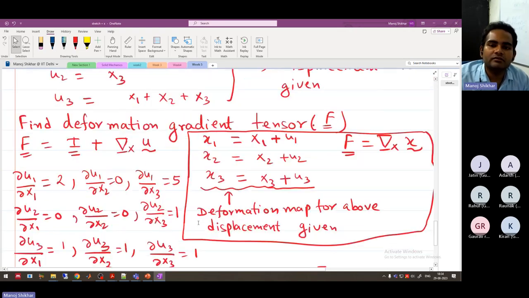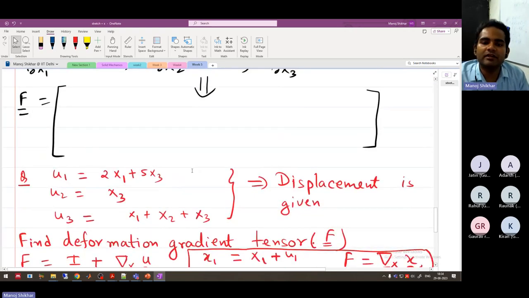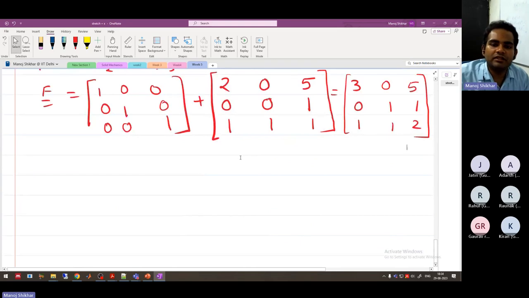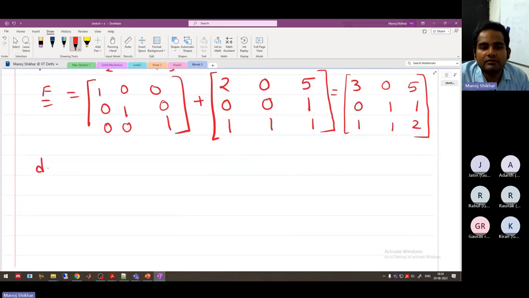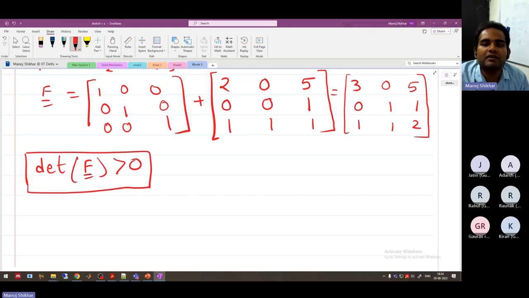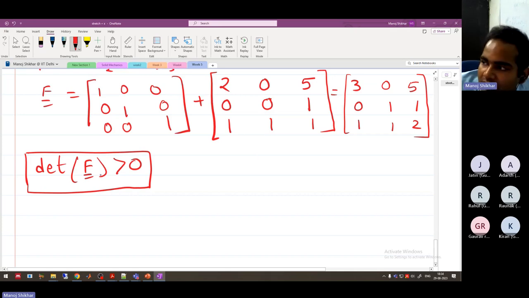Now here I have taken this deformation map or displacement randomly. So generally you should check if the determinant of F is greater than 0 or not. This is the criterion which the F matrix should satisfy. You can check if it is greater than 0 by using some software or by calculating it.